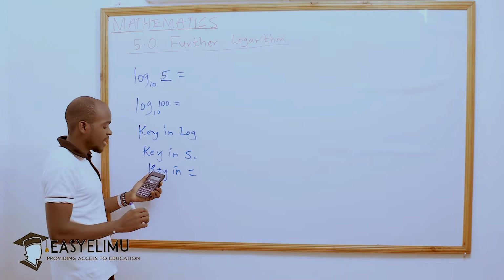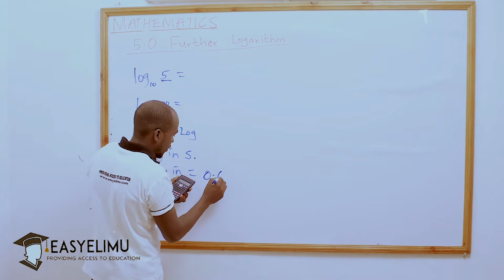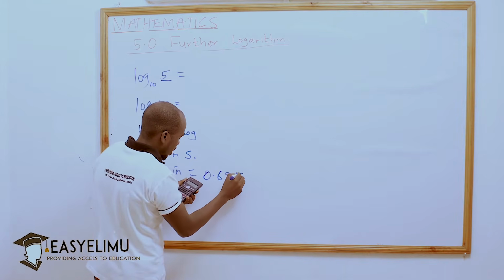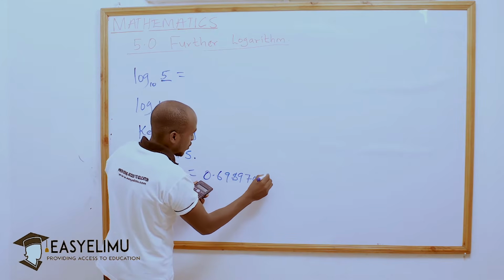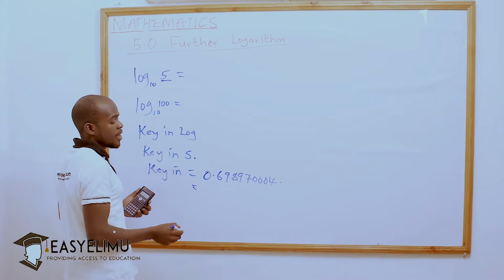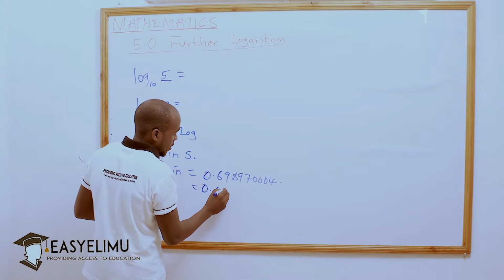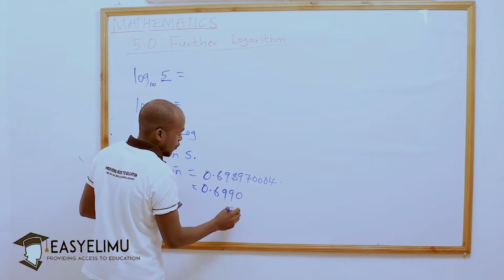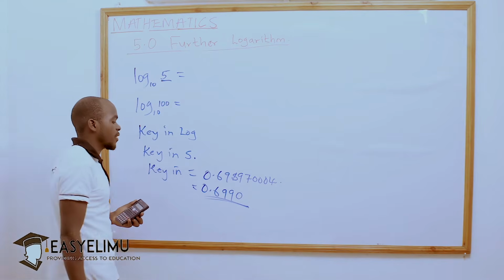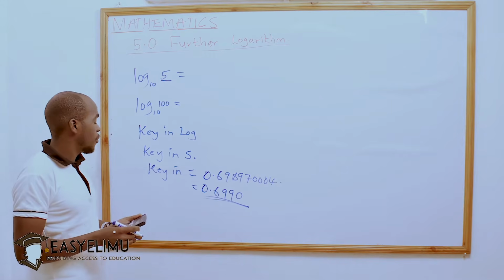You will find the screen displays a very long answer, which is 0.6989700004. You put it to 4 significant figures or 4 decimal places, and you will have 0.6990. That is what we find as the log of 5.